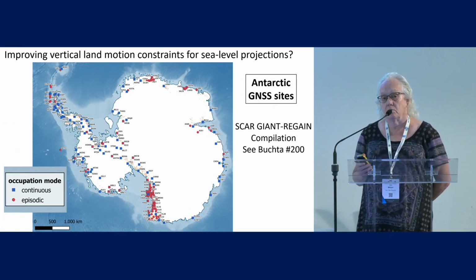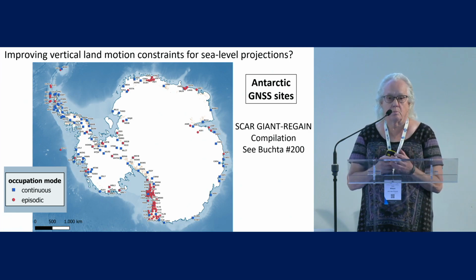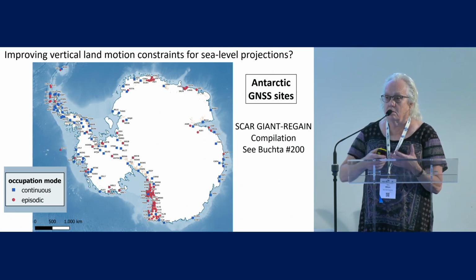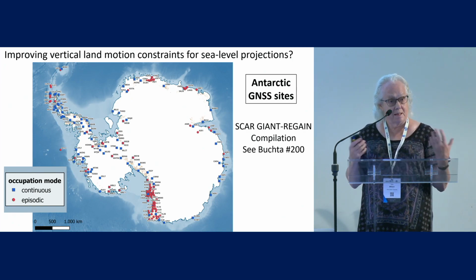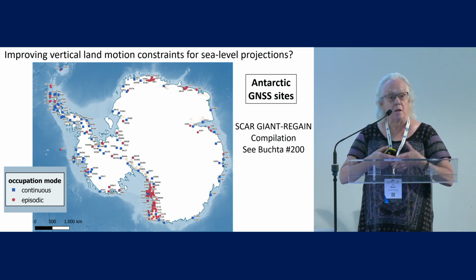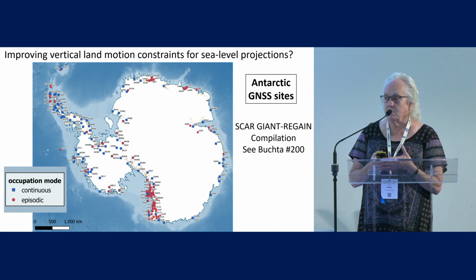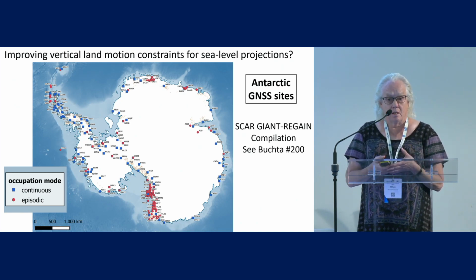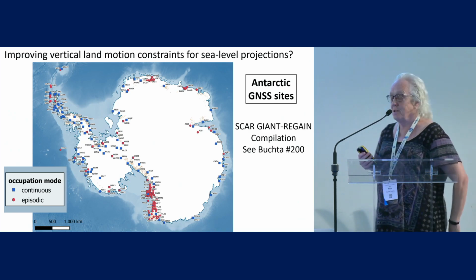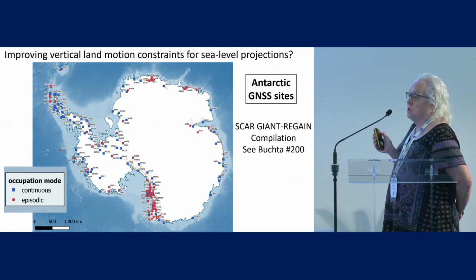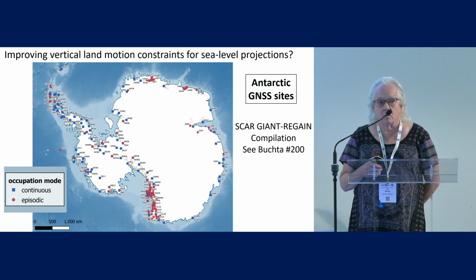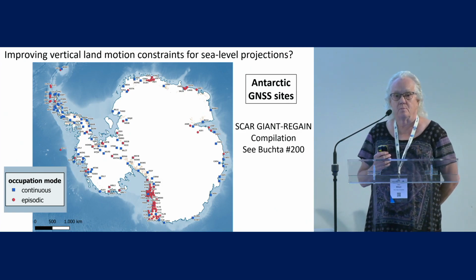Now, Tim Naish and Rich Levy and a larger group had just done an analysis of this kind for New Zealand. They were interested in pursuing this in the context of impact goals for Antarctica, and they came to me and said, where are we going to get information about vertical land motion? I was already part of an ongoing SCAR study, the Geodetic Infrastructure of Antarctica project, and we had started an intercomparison project.